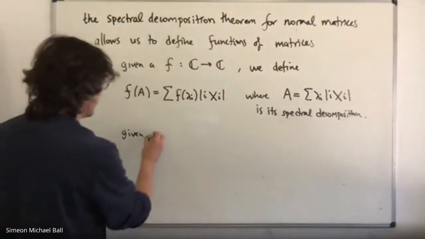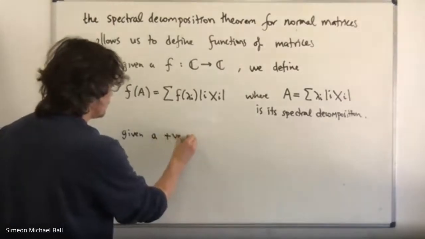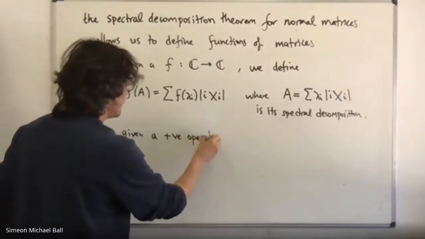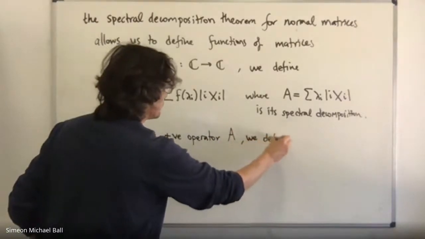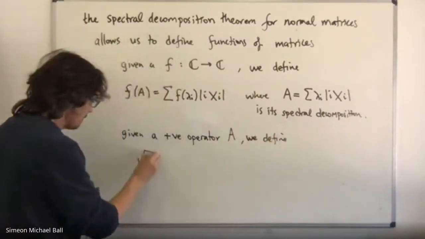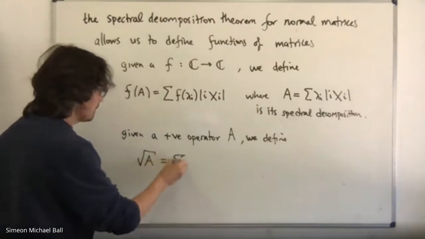You have a positive operator A, we can define the square root of A to be the sum of the square roots of lambda i.